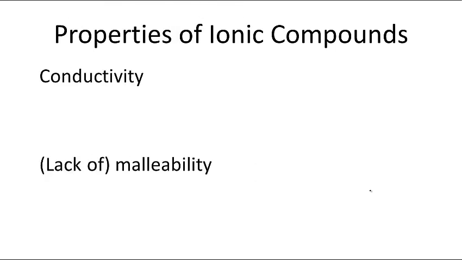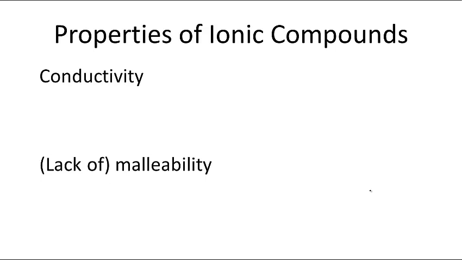All right, conductivity. When you have an ionic compound, each ion is holding on to its own electrons tightly. Electrons can't roam freely. Not like metals. We said metals conduct electricity because electrons roam freely. In an ionic compound, they don't.